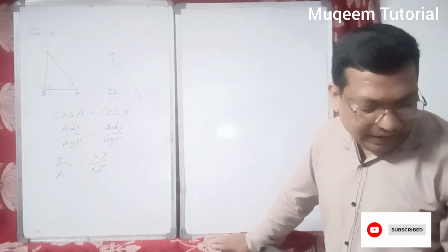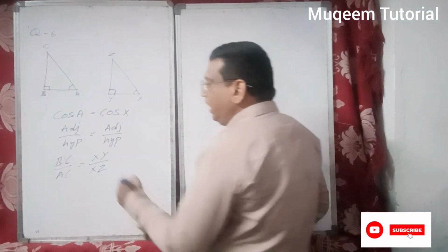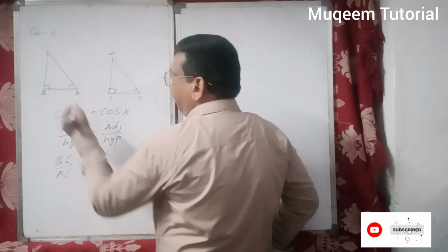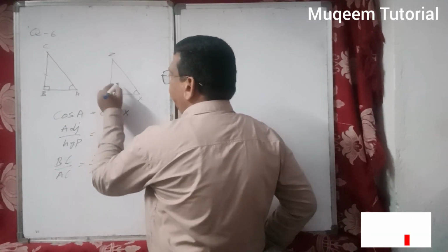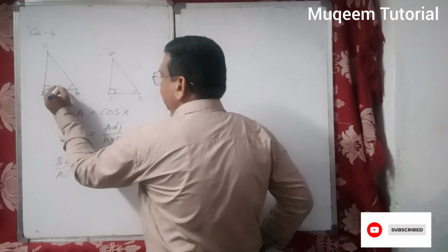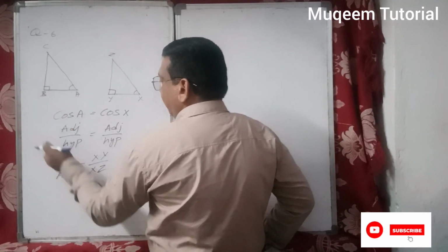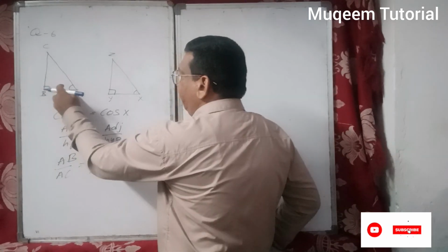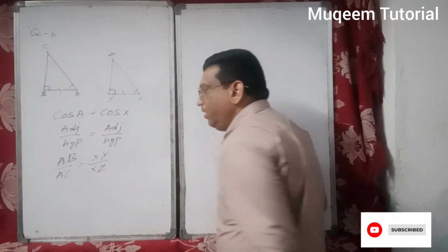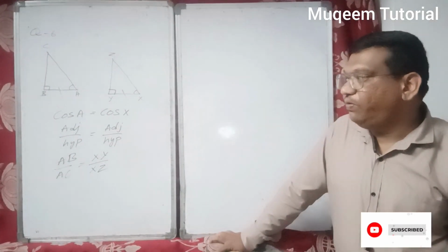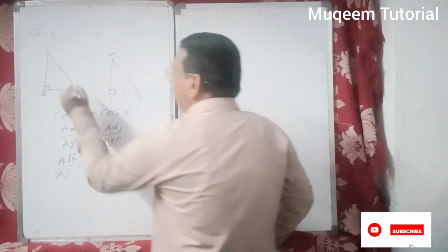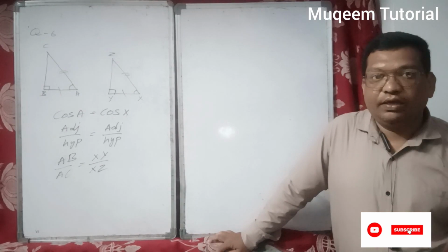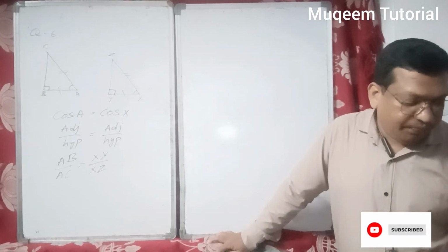So we can say AB is equal to XY, and AC is equal to XZ.